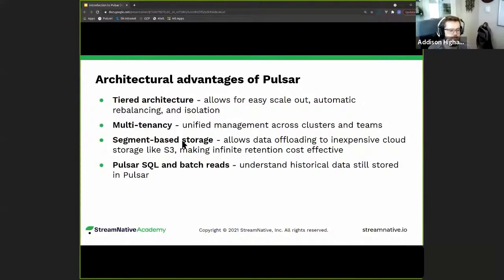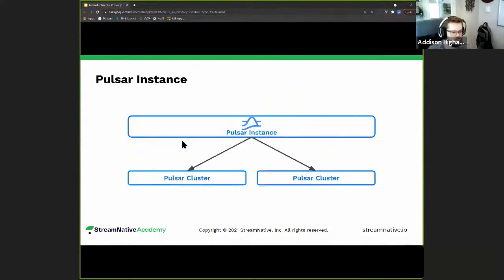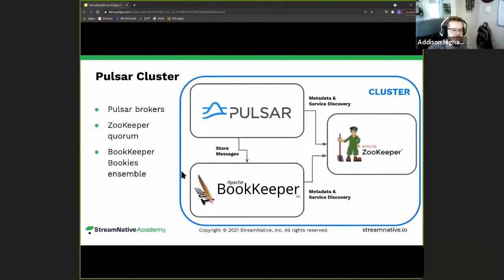And then finally, Pulsar SQL and being able to do batch reads is powered by Pulsar's segmented storage, and lets you do more interesting things with data and understand your historical data that's stored in Pulsar. Once again, a Pulsar instance can be composed of many Pulsar clusters that are replicating data between each other. But we're going to focus first today on an individual Pulsar cluster and what that looks like.